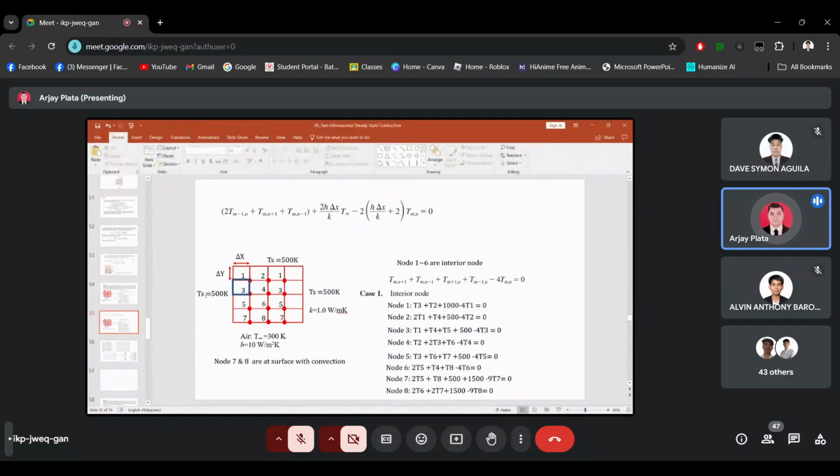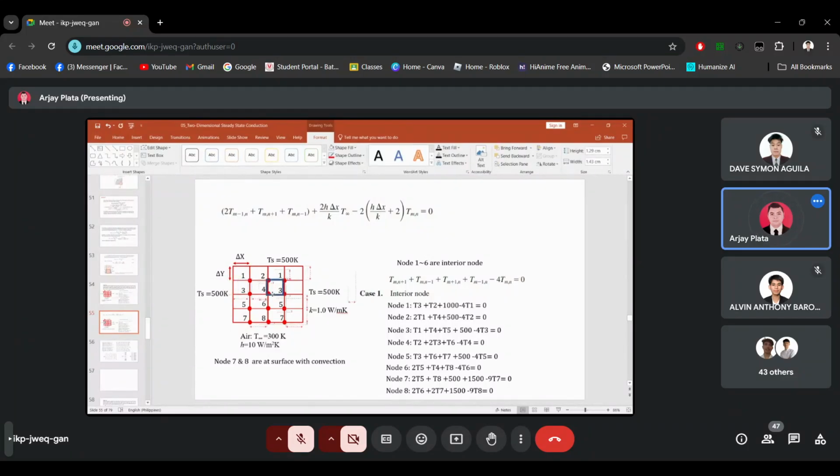So, that's why there's only 1,500. Right? But if you will base on this part, you will not sum up 500 plus 500. So, is that what you're asking? So, you mean we have to add 500 both?